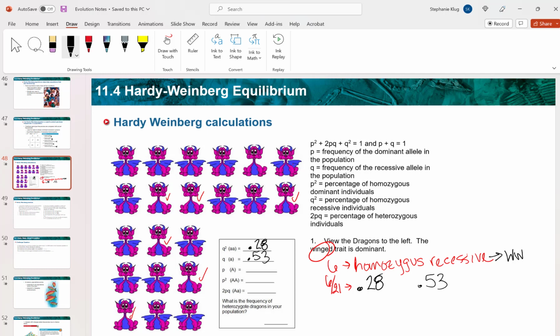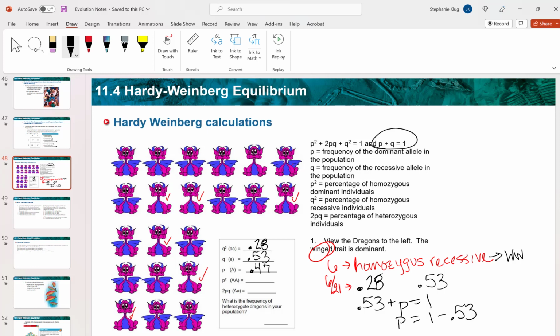Now, P plus Q equals 1. So if Q is 0.53, plus P, which we don't know, equals 1, then if you take algebra, you know that P equals 1 minus 0.53, which is, for P, 0.47.